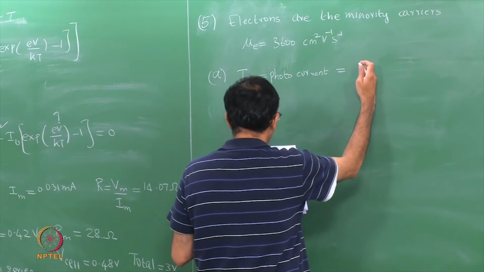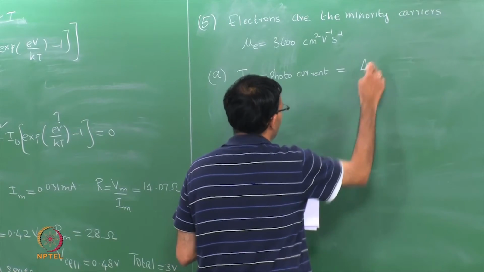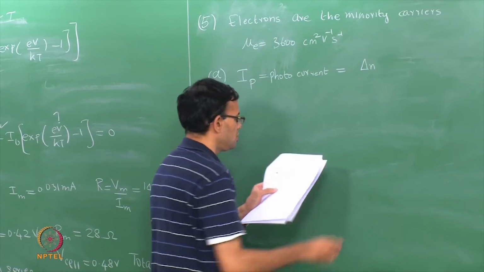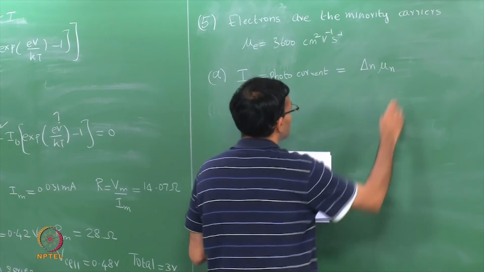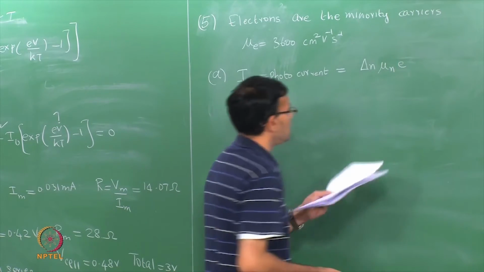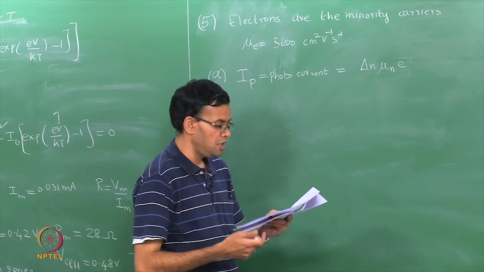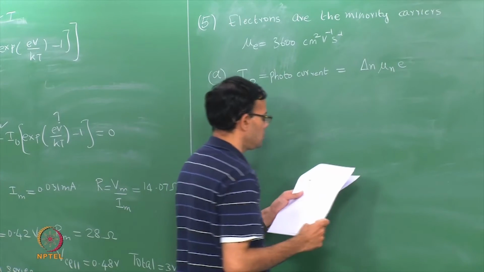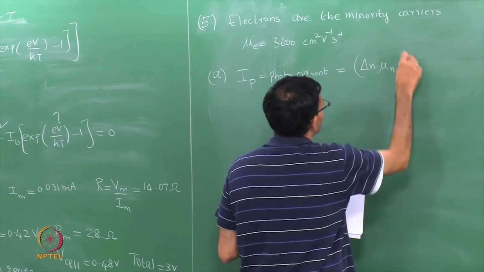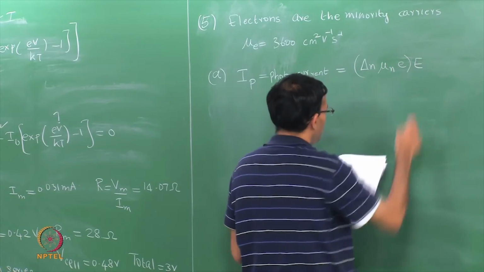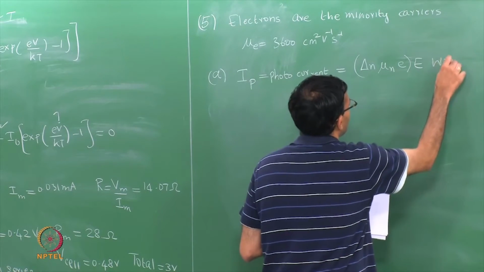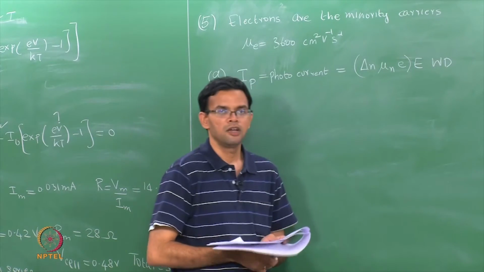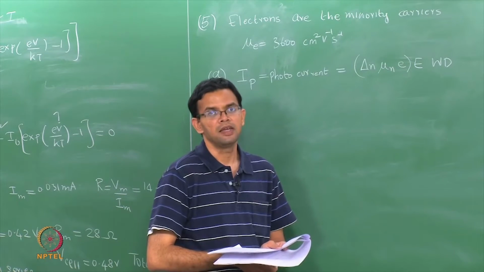So, this is equal to delta n, the excess electrons, times the mobility, times the electric charge e of the electron, times an electric field E applied across the material, and since it is the current we have to multiply by the area.